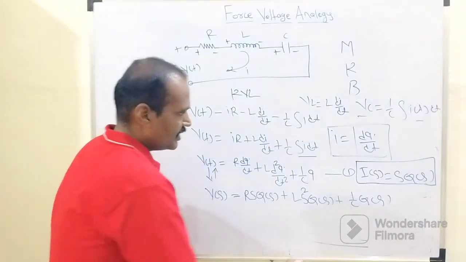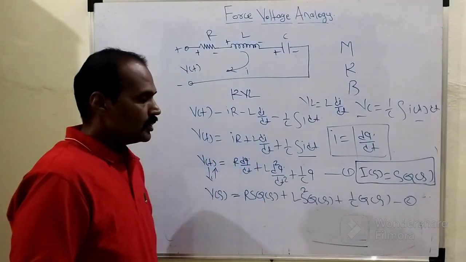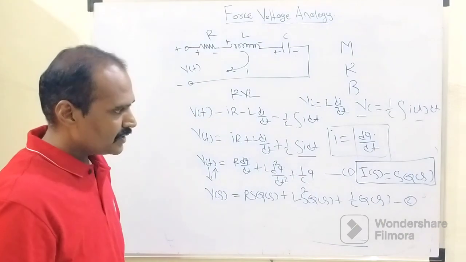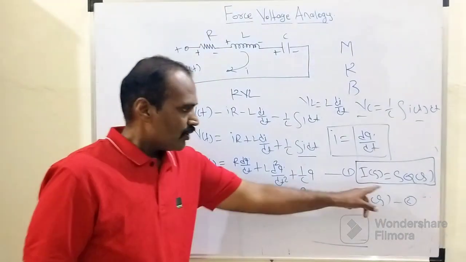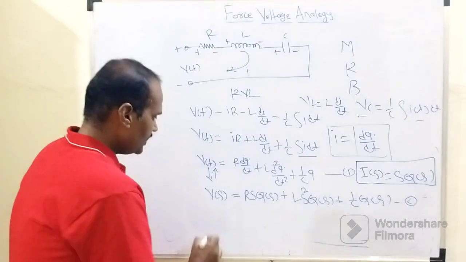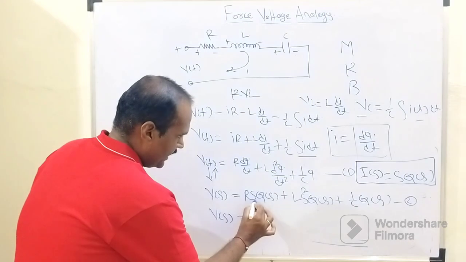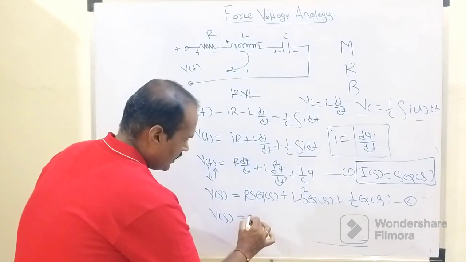So as far as this equation, say equation number 2, is concerned, what do we need to replace in it? I of s equals s times Q of s. As a result of replacement, this equation will become V of s equals what? S into Q of s is nothing but I of s.